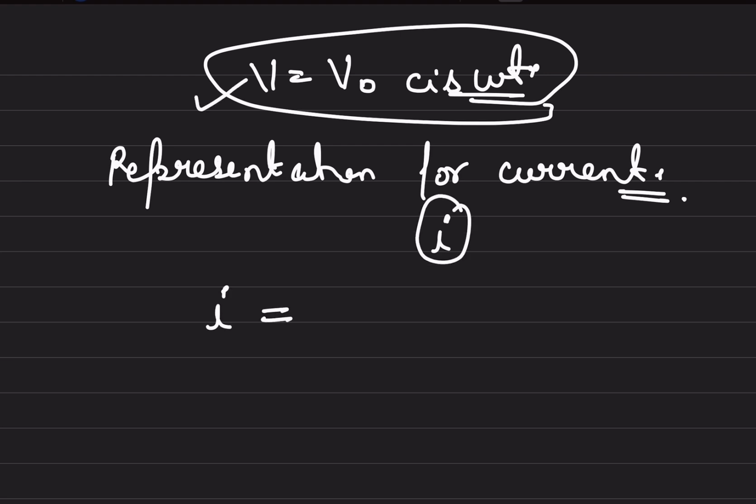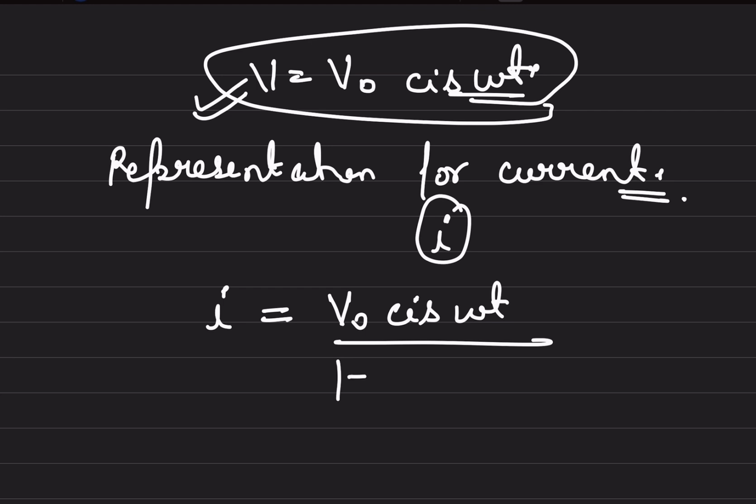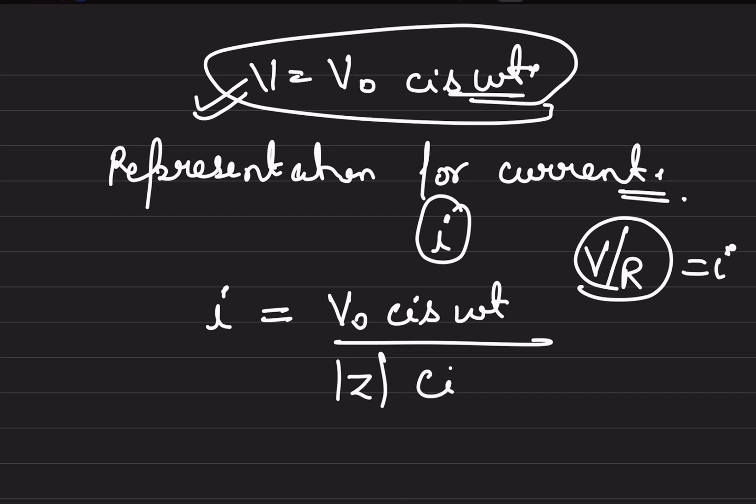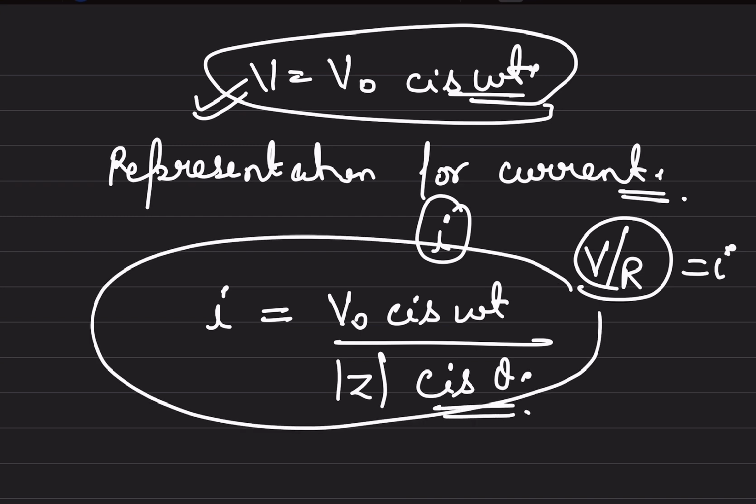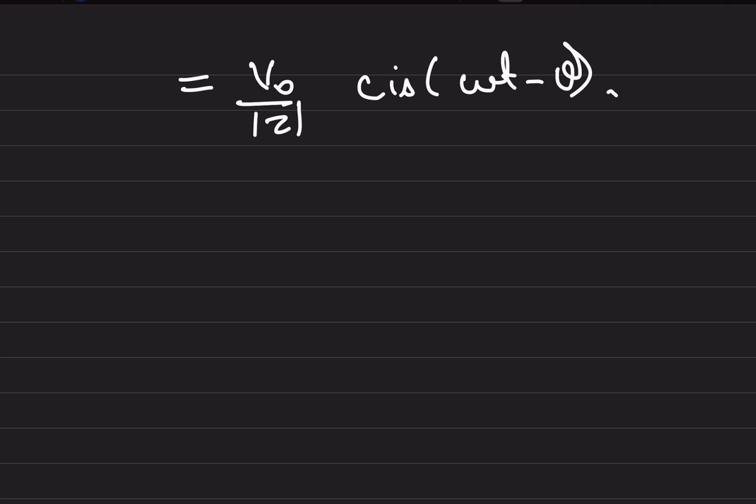As our voltage in an AC circuit is V naught cis omega t, and I is equal to V by R, with mod Z in place of R, I is V naught upon mod Z times cis of omega t minus theta. Here theta is the phase difference.